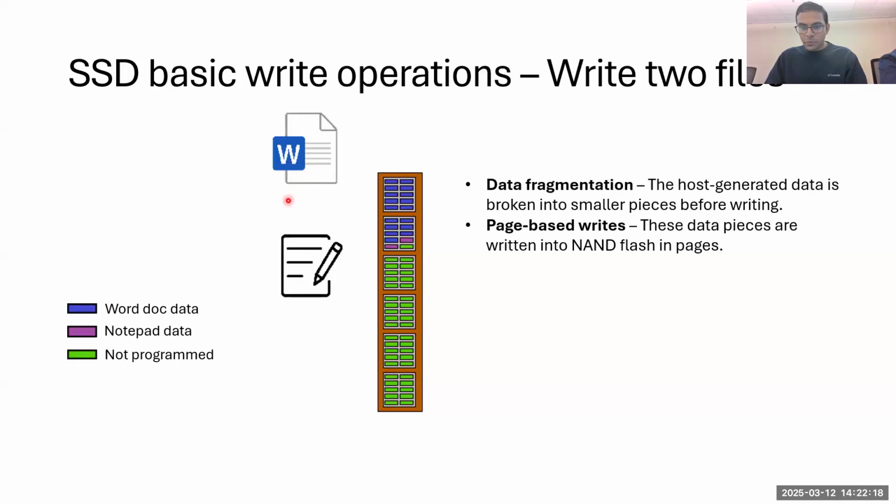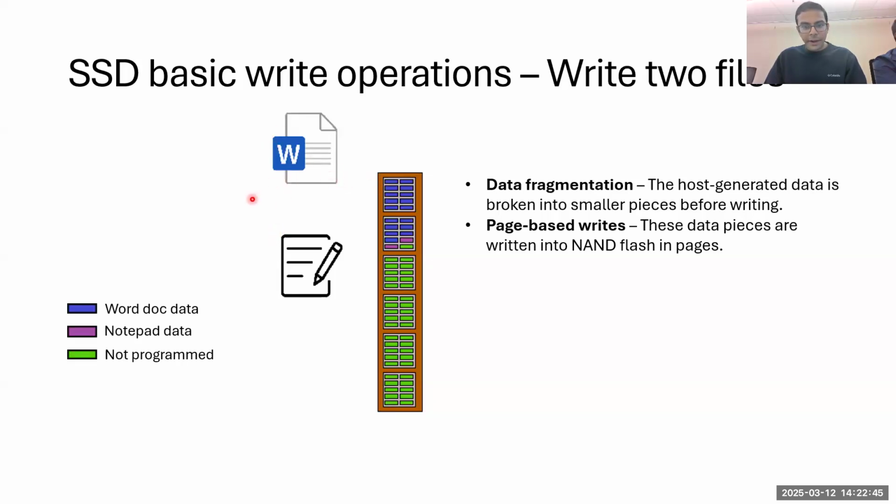And let's say we also open a Notepad and type something, and we'll represent all the data generated by this Notepad document in purple. When the host, which is the PC, sends this data to the SSD, let's say you hit the save button and it tries to save the data, the host PC would request a save or write to the SSD. It doesn't store all the files in one place.